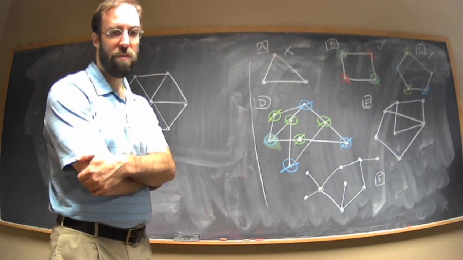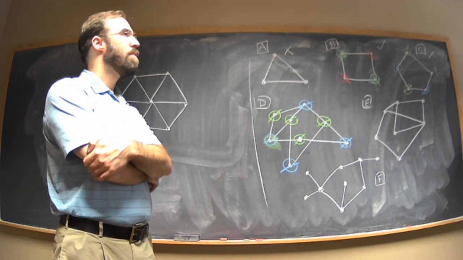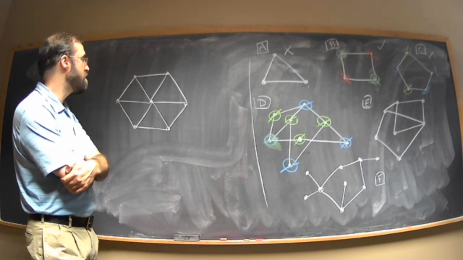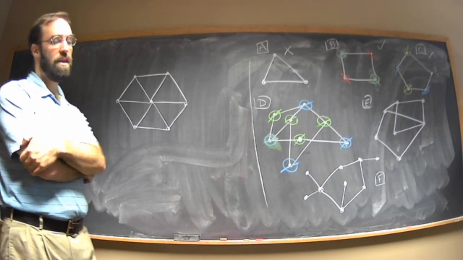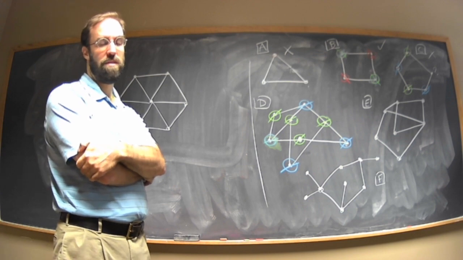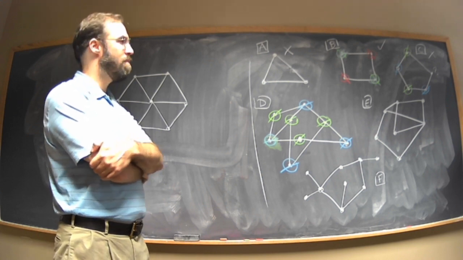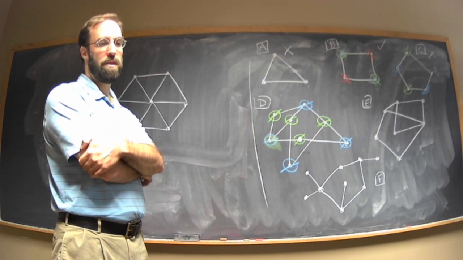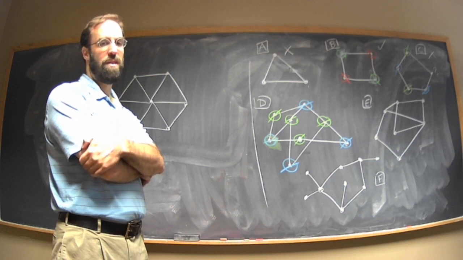So use your little hand raisey thing in Teams. Raise your hand if you think it's possible to have a graph with all even cycles that is nonetheless not bipartite. Okay, and now raise your hand if you think any graph with no odd cycles is definitely going to be bipartite. Okay, so a bunch of people raising their hand. Good. Cool. So you all have the right intuition.